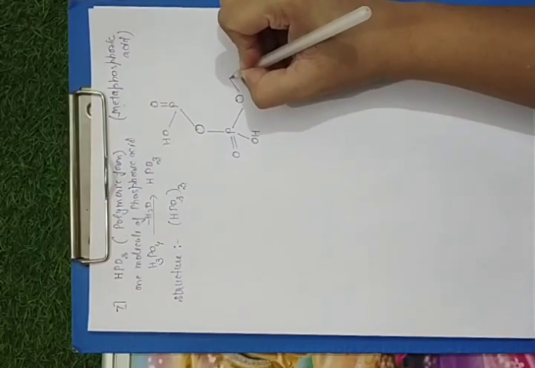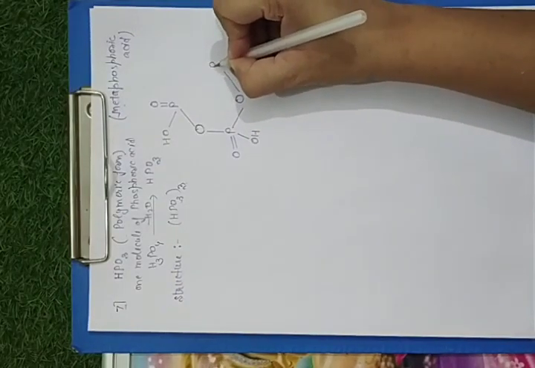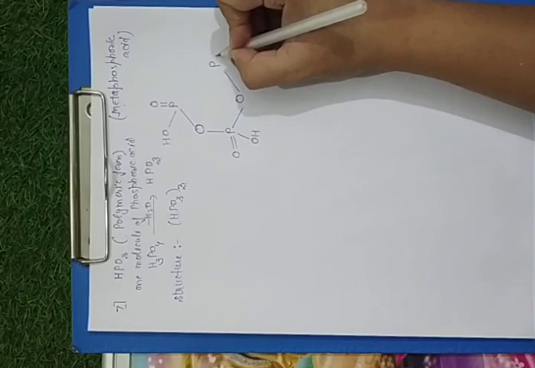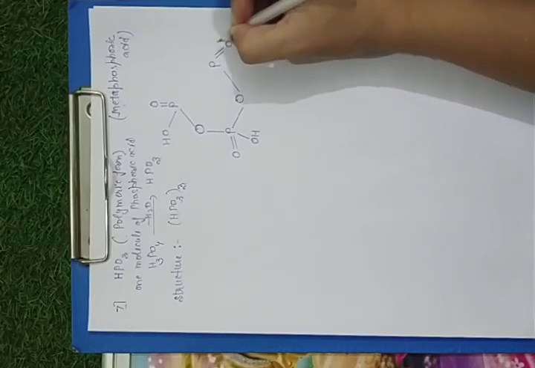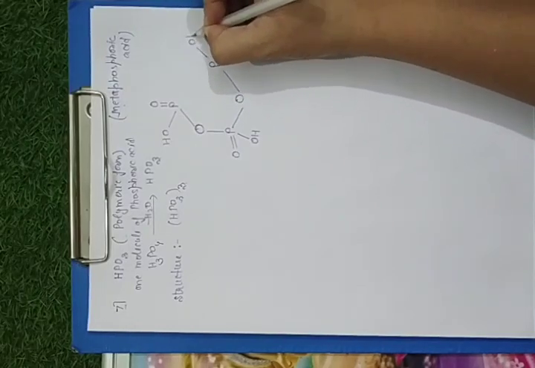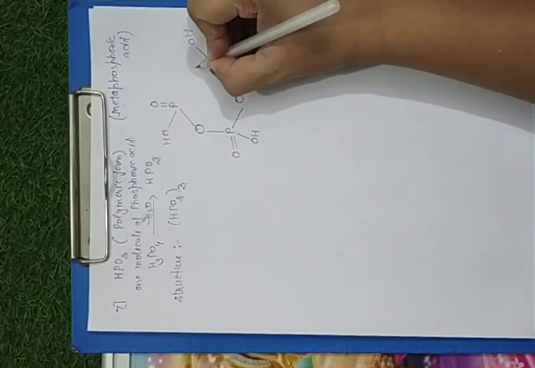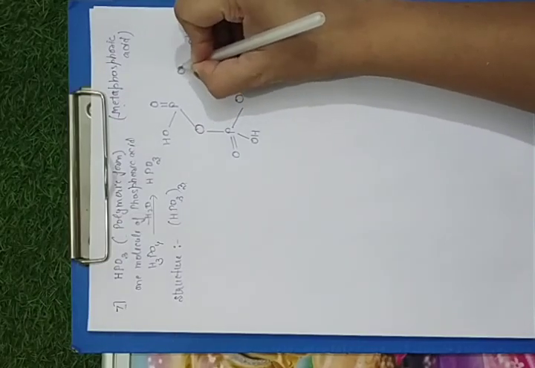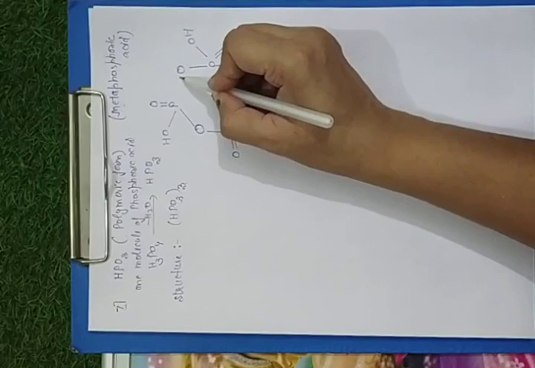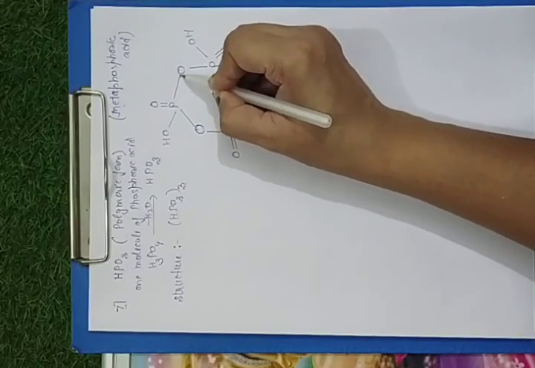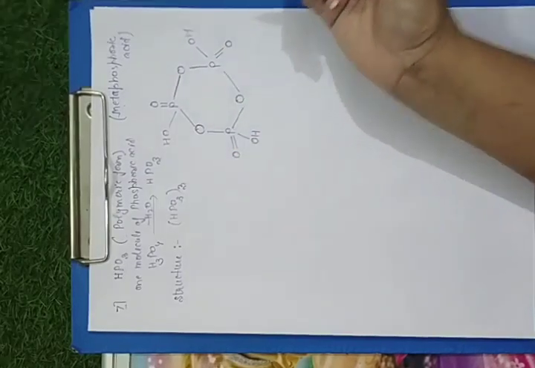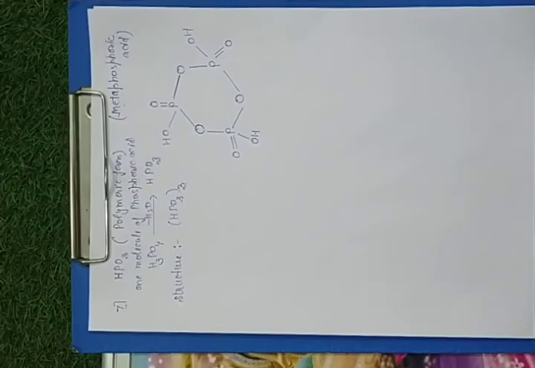Now the next one is connected with the third unit, which is linked with a double bond O and OH, and the third one's oxygen we connect with our first HPO3. This is the structure of HPO3, thus metaphosphoric acid.